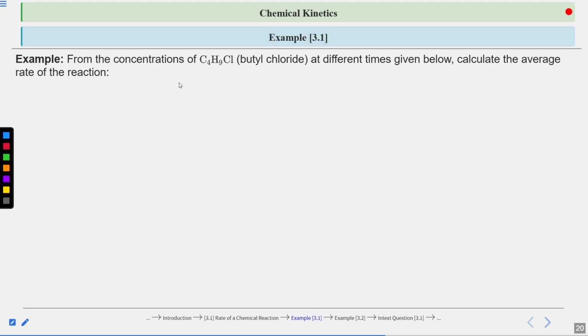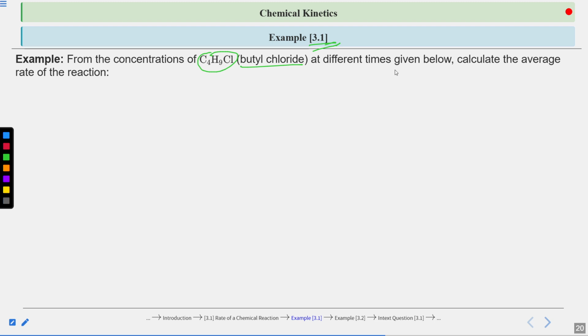Okay, now let's practice an example which is marked as example 3.1. From the concentrations of C4H9Cl, which is butyl chloride, at different times given below, calculate the average rate of the reaction. We have been given the different concentrations of C4H9Cl at different times.